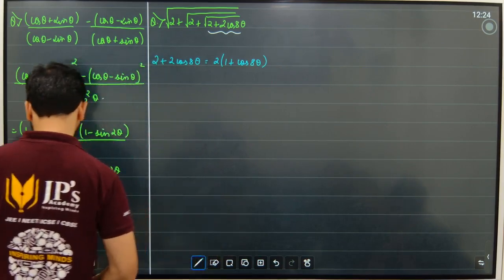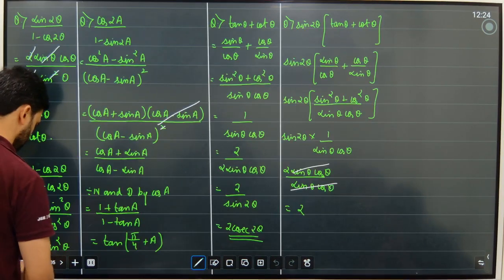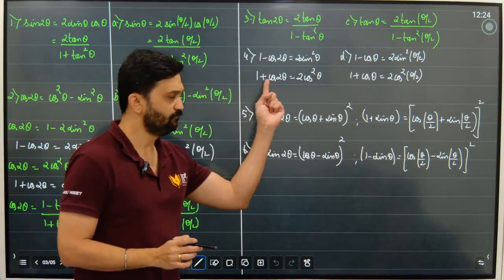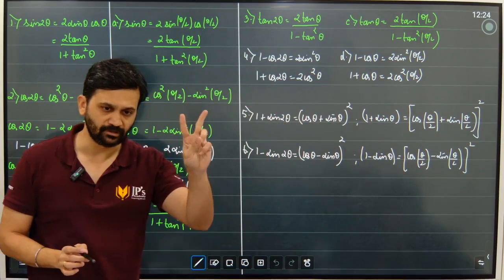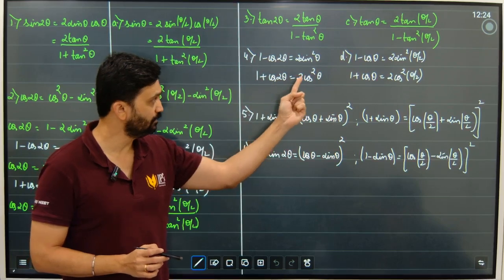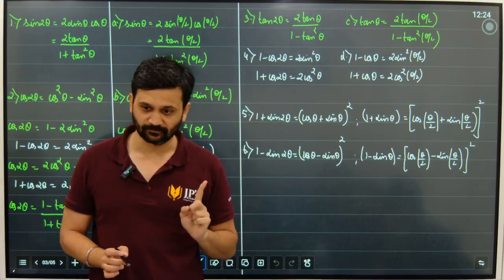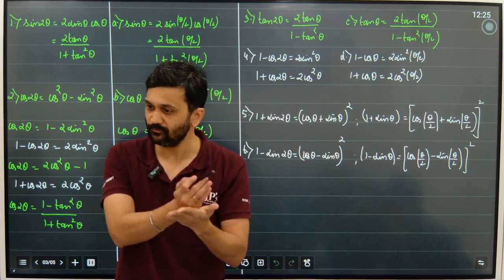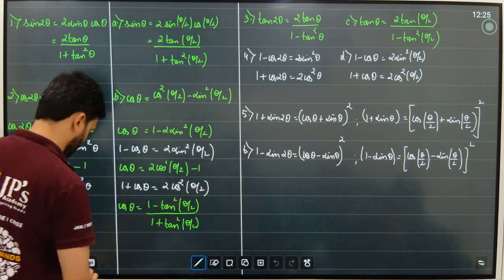Now guys, 1 plus cos 2 theta is 2 cos square theta. इधर एंगल 2 था तो इधर एंगल 1 हो गया. 1 plus cos 2 theta is 2 cos square theta, तो एंगल हाफ हो गया. अब देखो मेरे पास क्या है.